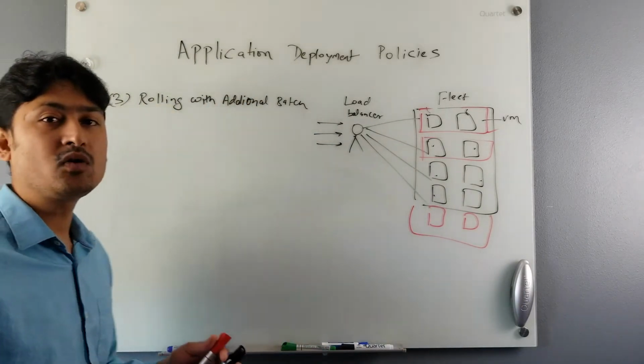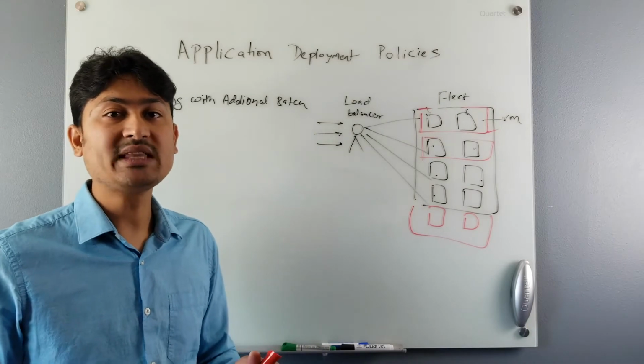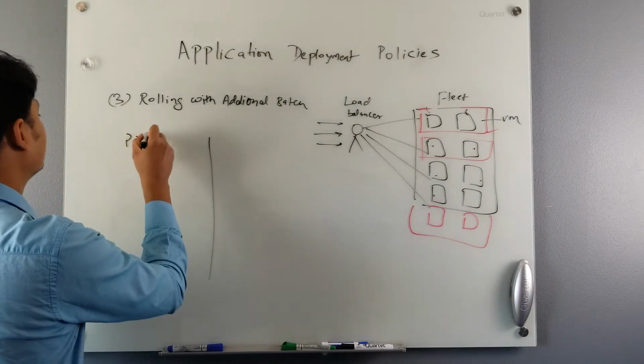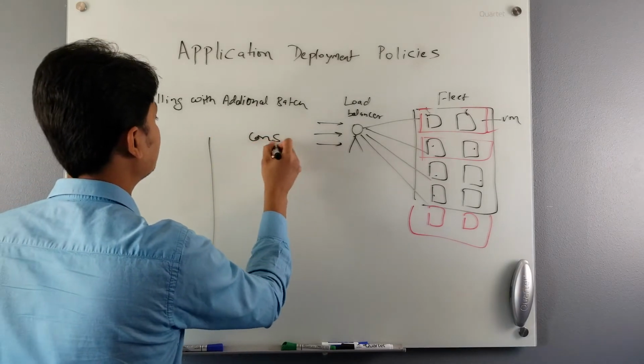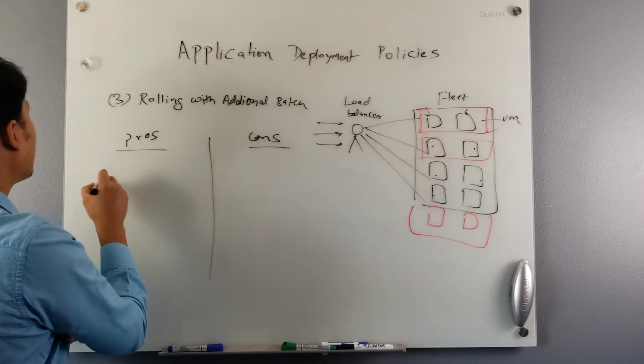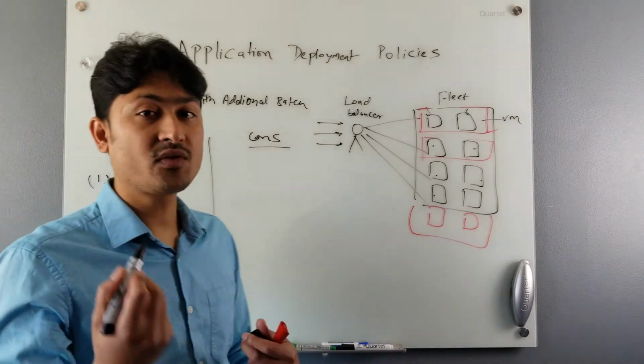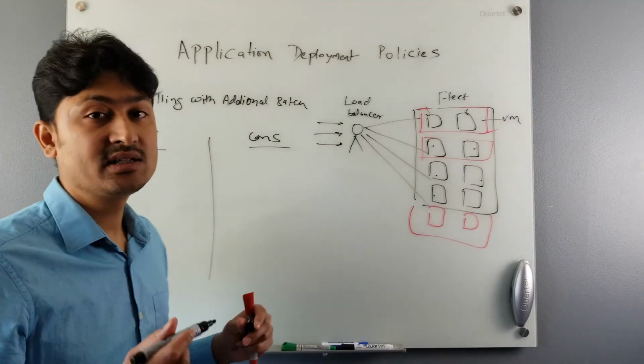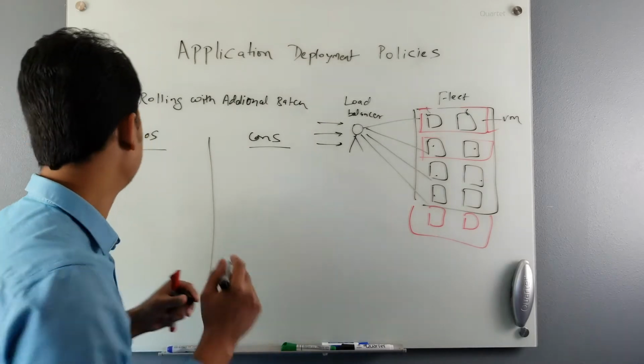So let's talk about the pros and cons of rolling deployment with additional batch. In addition to the benefits of rolling deployment, in rolling deployment with additional batch there is no availability drop.